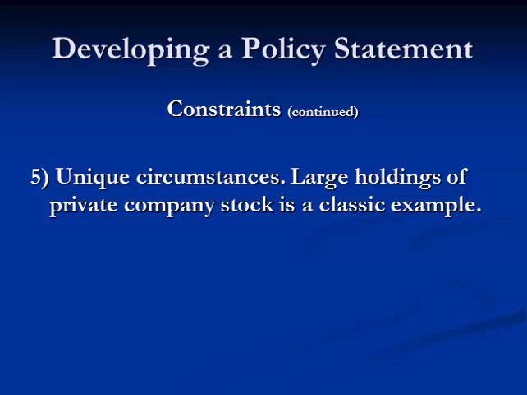They know the company. They're comfortable with it, and they may get options and stock over time as part of their benefits. And what's happening is you're highly concentrated, undiversified, and you're subject to a lot of potential risk.